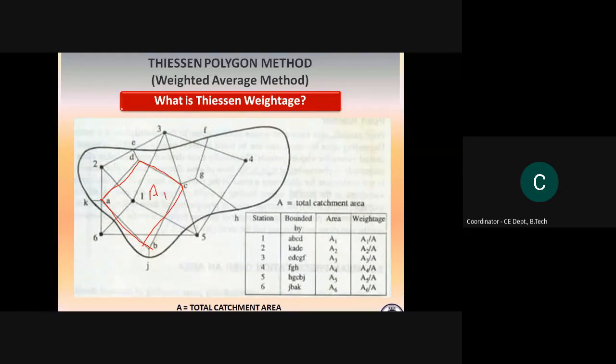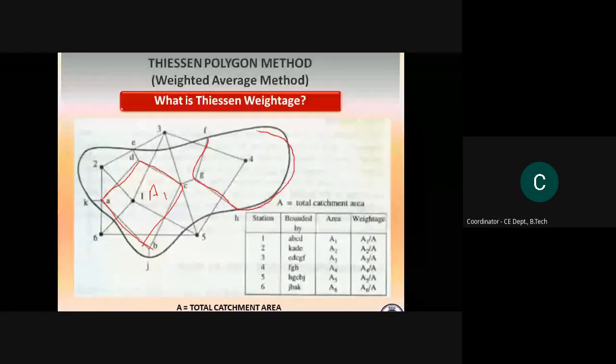For point 4, the area to be considered is this one, that is F, G, H, and it is A4. For point 1 it is ABCD, A1.